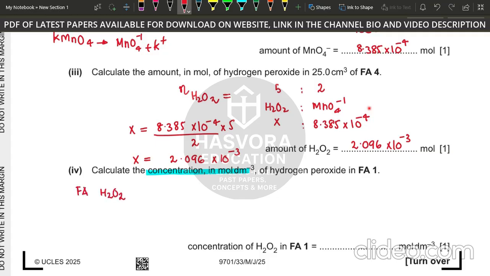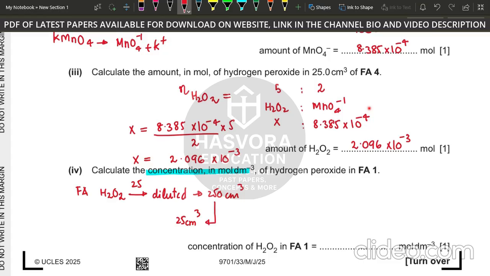We took 25 cm³ and diluted it to 250 cm³, and then out of that 250 cm³ we took 25 cm³ of the diluted solution, which we called Fa4.